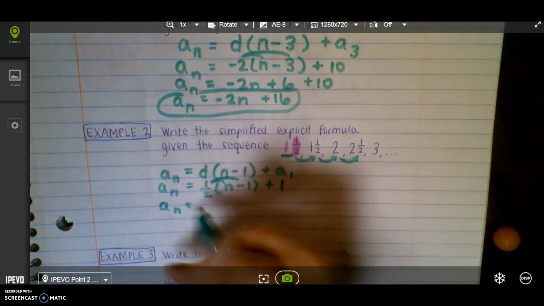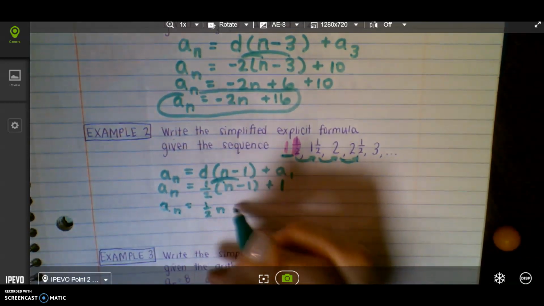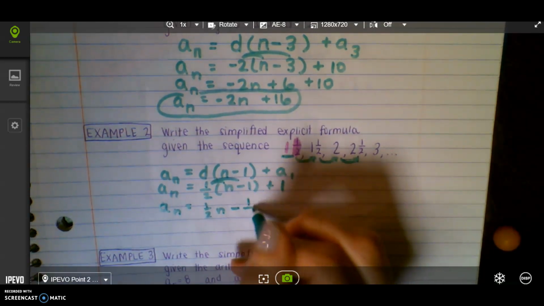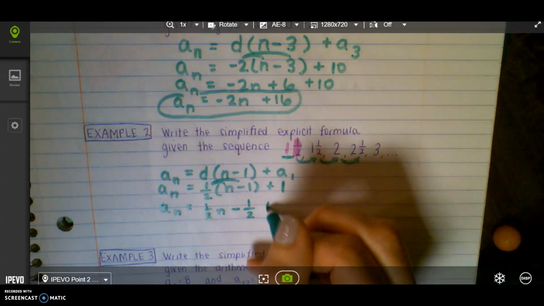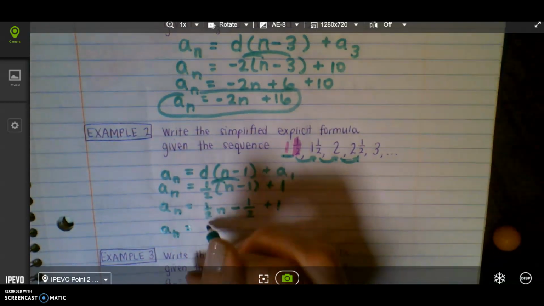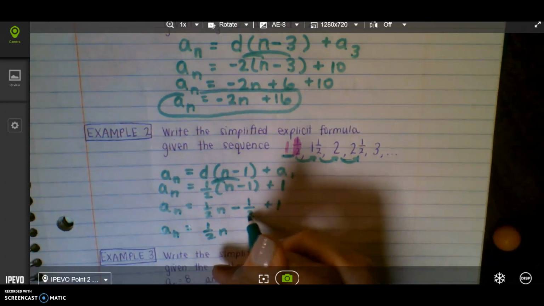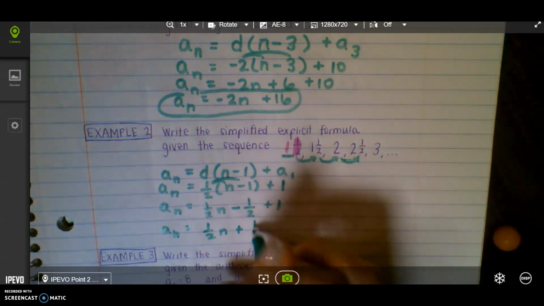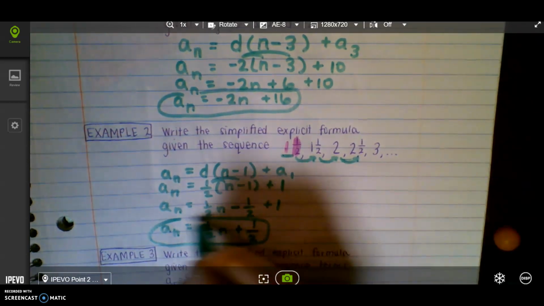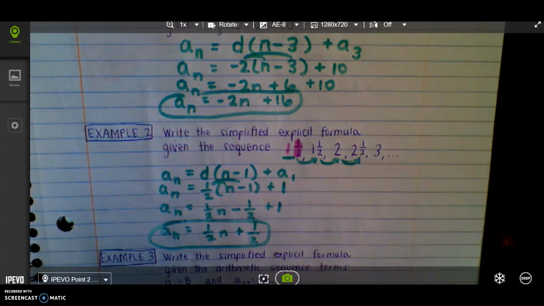A sub n equals 1/2 n minus 1/2 times -1 is 1/2 plus 1. Combine like terms, a sub n equals 1/2 n, and then -1/2 plus 1 is positive 1/2. There's your arithmetic explicit formula.